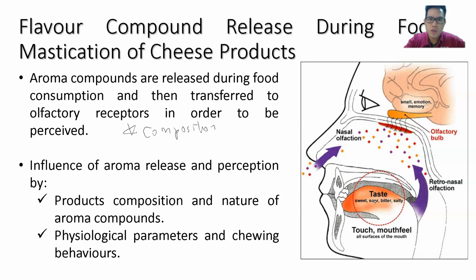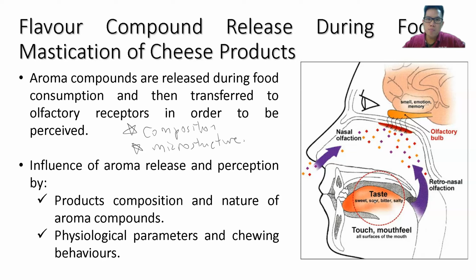So it depends on the composition, as well as another thing, which is the microstructure of the food. Composition is, for example, what is it composed of? Is it high fat? Is it low fat? Is it high in proteins? Is it low in proteins? Is it high in carbohydrates, low in carbohydrates?